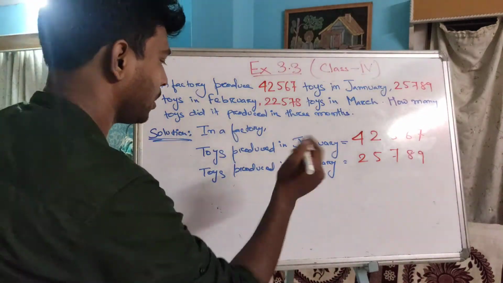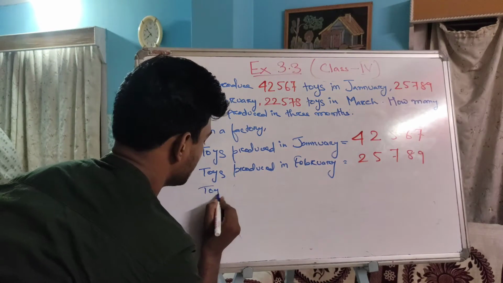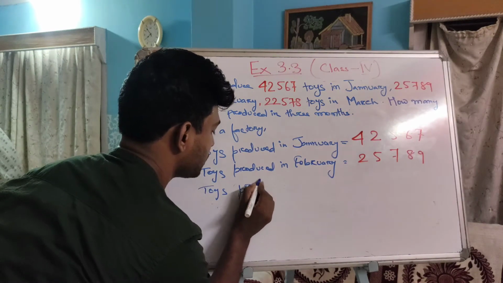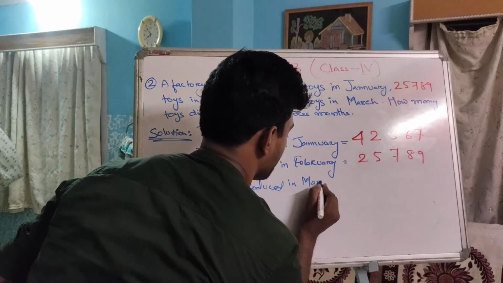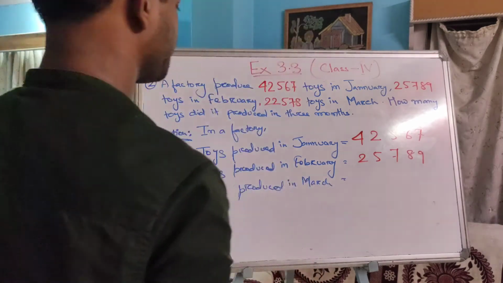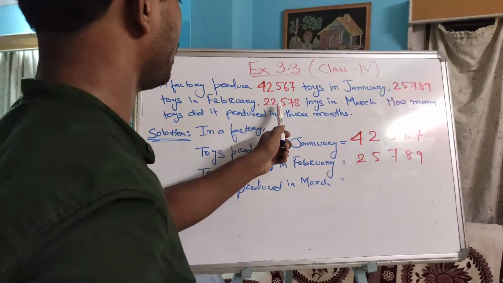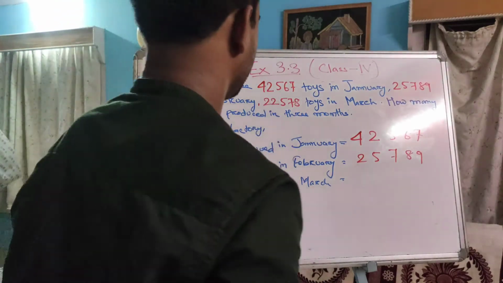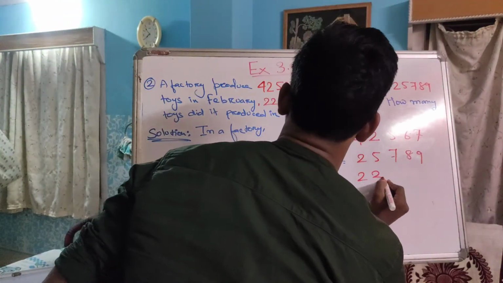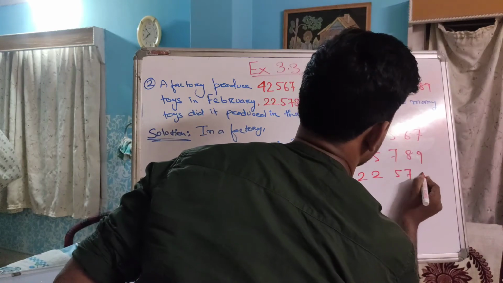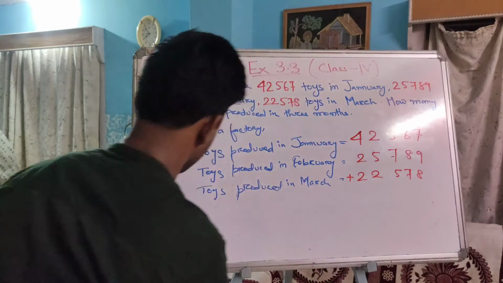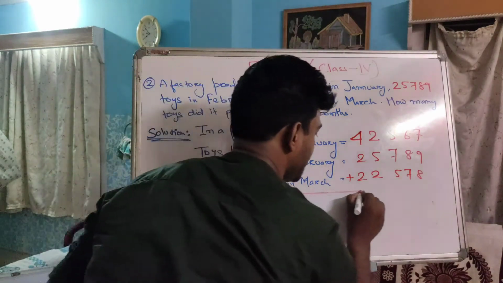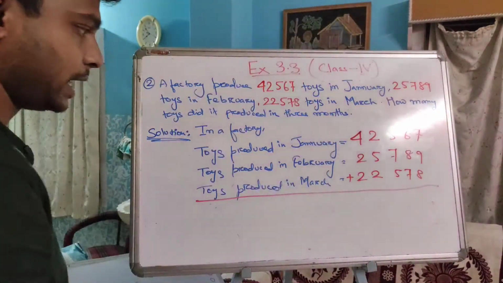Now in the month of March, toys produced in March equals this number of toys: 22,578. Now we are ready to add these three quantities. Let us draw a line and we will do our total here.